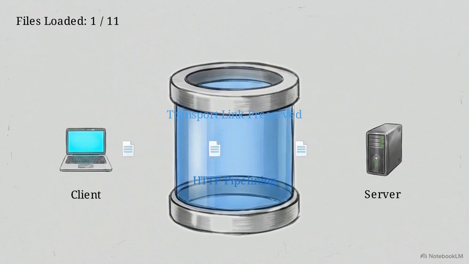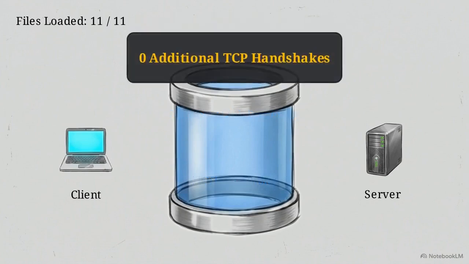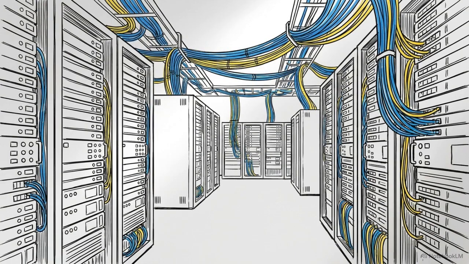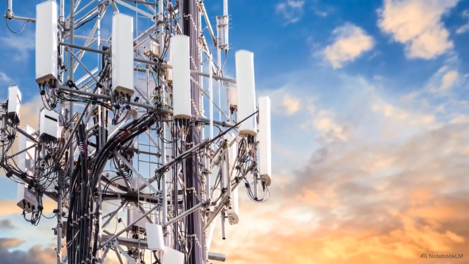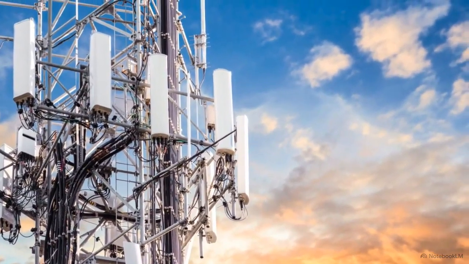The client can fire multiple back-to-back HTTP requests into the connection without waiting for individual replies, completely bypassing the need to perform a new TCP handshake for every JPEG. By utilizing persistent connections, web performance is no longer bottlenecked by the repetitive overhead of TCP setup. The limiting factor becomes the raw bandwidth and transmission efficiency of the link itself.